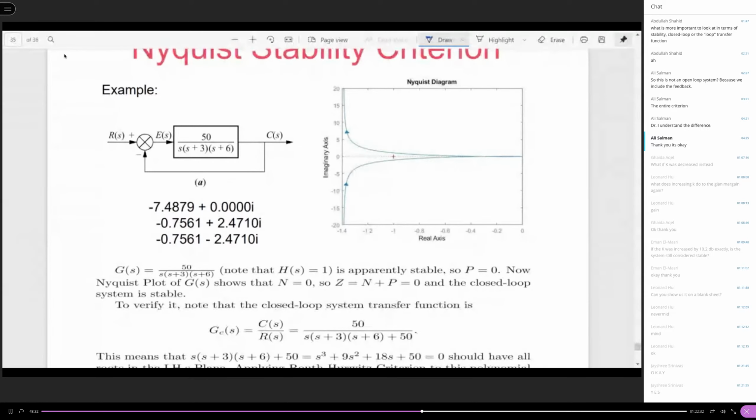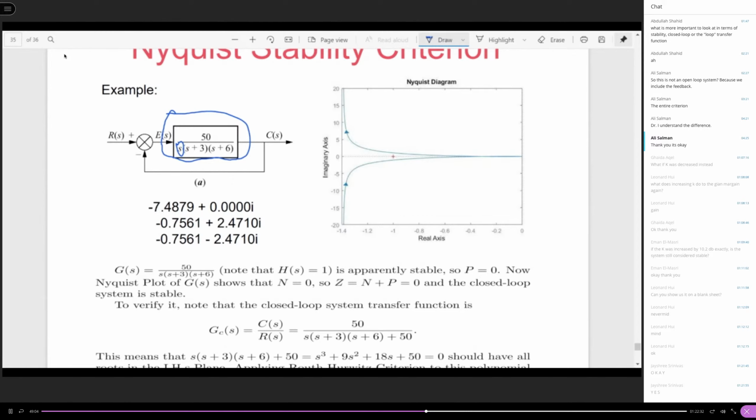In this example, you have an open loop system, 50 over s times (s plus 3) times (s plus 6), okay? Now, for this system, you see this one carries a pole at the origin. It has an integrator, so the open loop system has a pole at the origin.